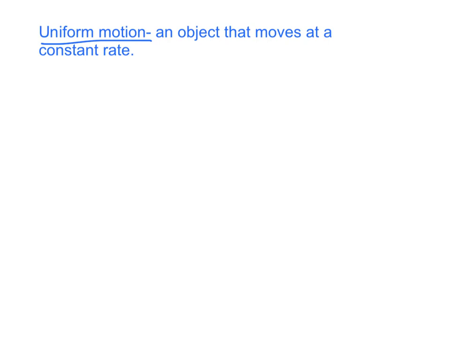We are now going to start talking about distance problems or motion problems. Now, you don't need to write this down, but uniform motion problems are problems where an object moves at the same constant rate. So, for example, you're going 40 miles an hour. You're going at a constant rate, 40 miles every hour. So, in order to do distance, rate, time problems, this formula is going to be used for everyone.